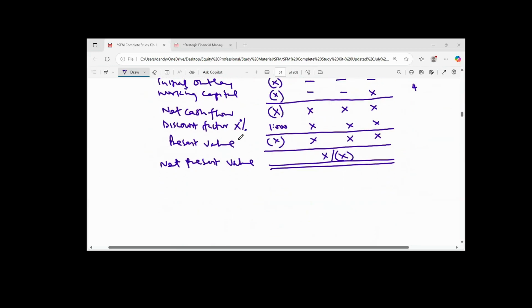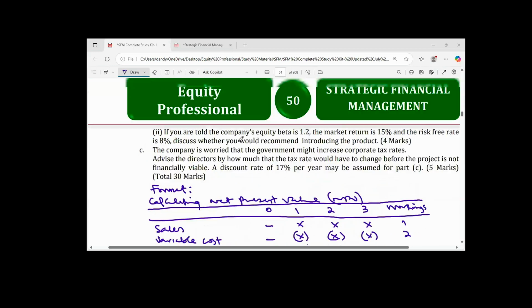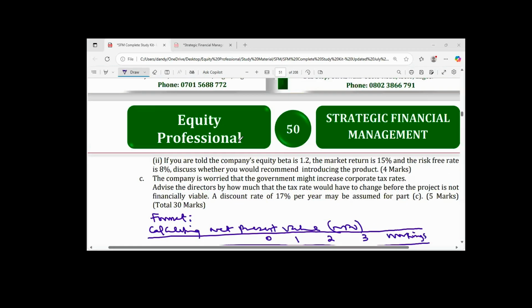This is how to calculate the net present value. So far, so good. We have completed the discussion of the underlying concept of capital budgeting. During the course of the previous class and today, we have discussed NPV, internal rate of return, modified internal rate of return, project duration, discounted payback period.